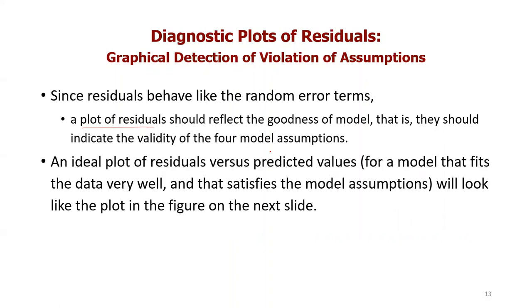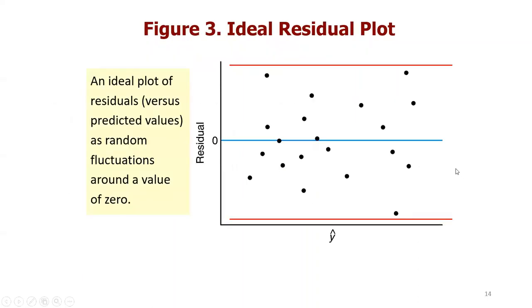So an ideal plot of residuals versus the predicted values, that is y_i hat, should be something like this. If you plot the residuals, first, their mean should be equal to 0.